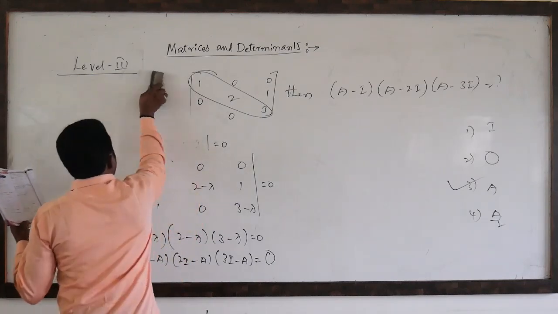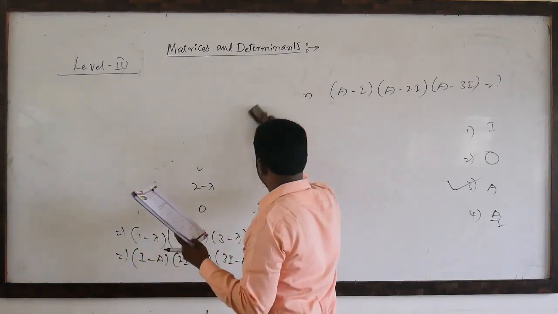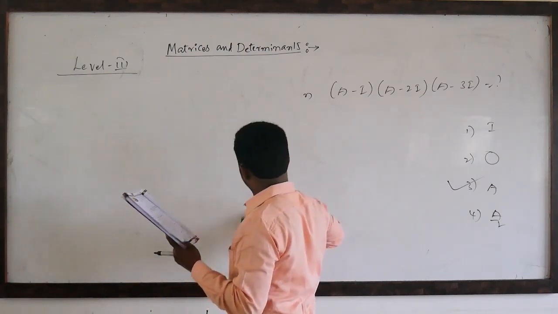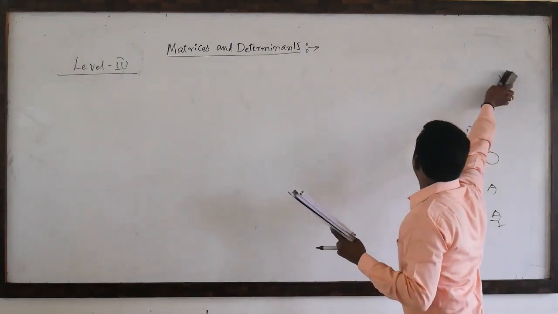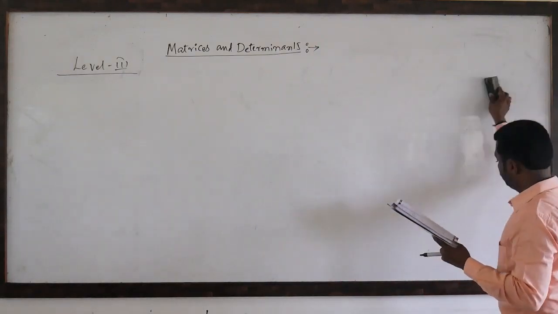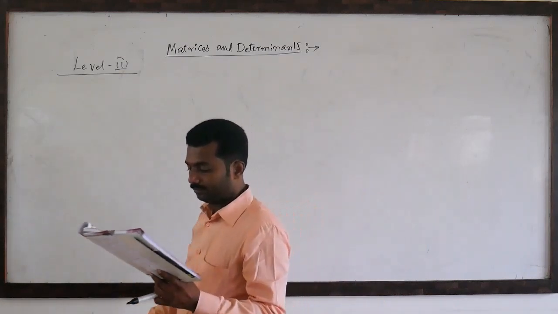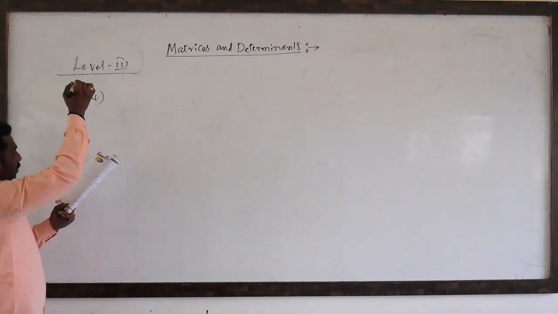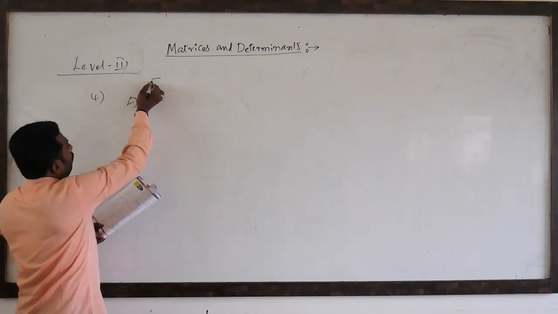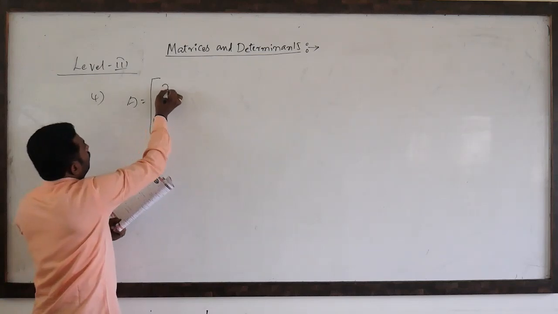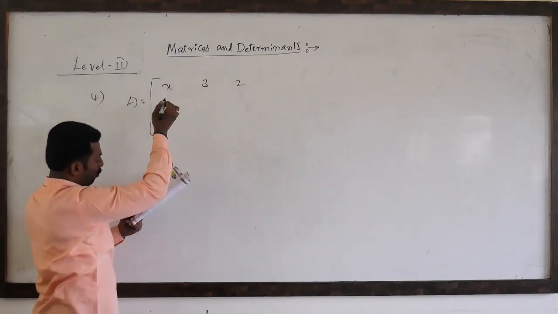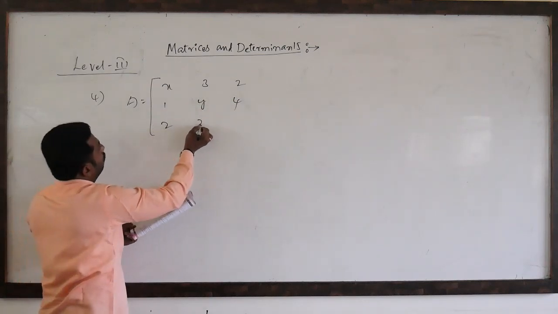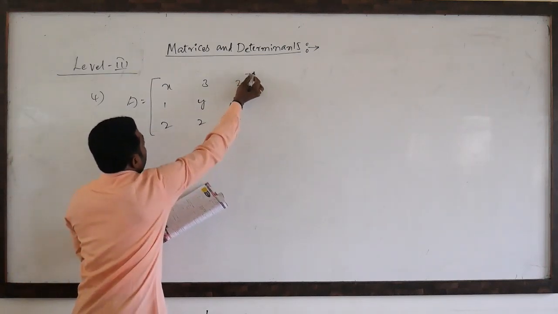Question number 4. Matrix A equal to, what they are asking: x 3 2, 1 y 4, 2 2 z.